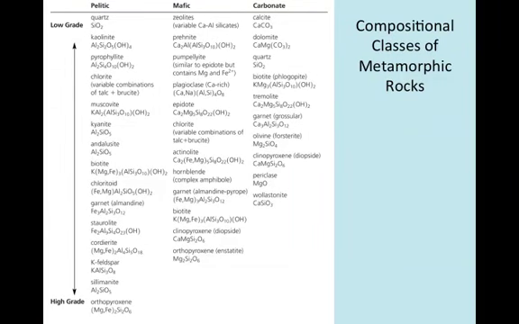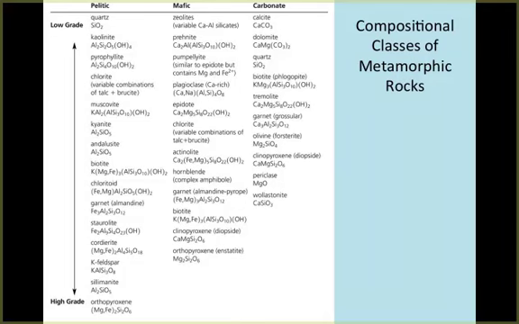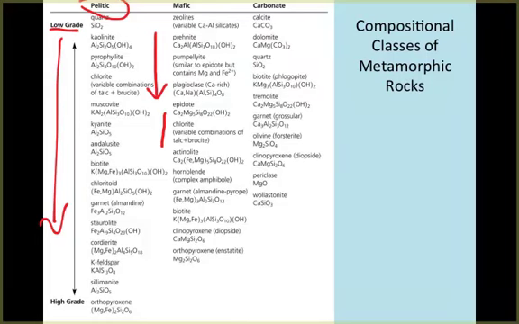So, depending on the grade, let's start with a pelitic protolith here. From low grade to high grade, you're going to see a change from clay minerals to chlorite to the micas, the aluminosilicates at intermediate grade, and then at higher grade you're going to get into garnets, staurolite, sillimanite, and perhaps orthopyroxene.